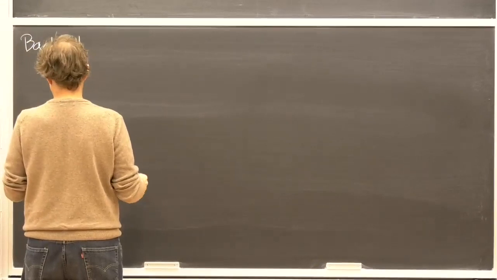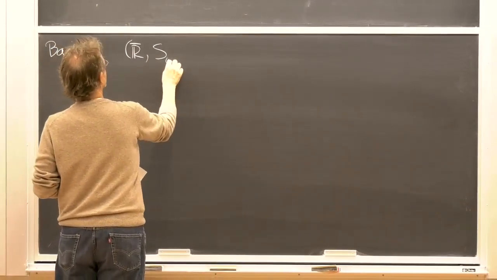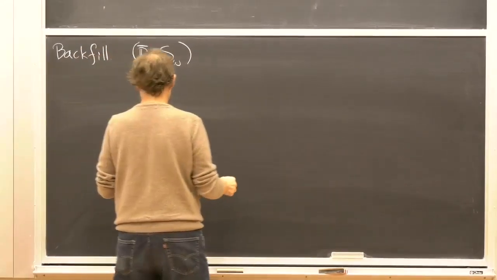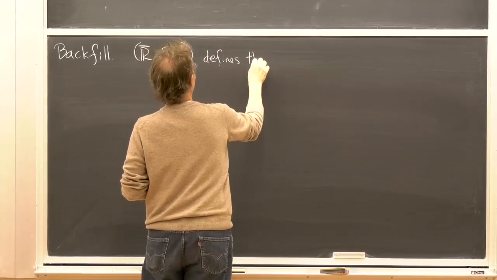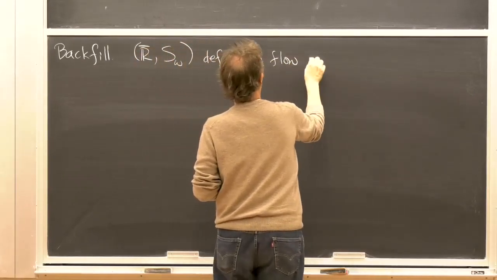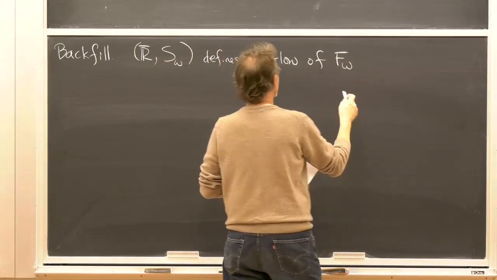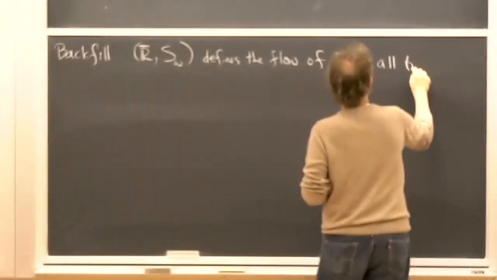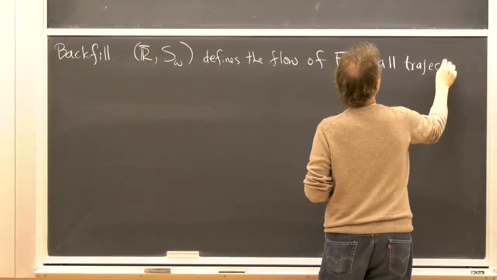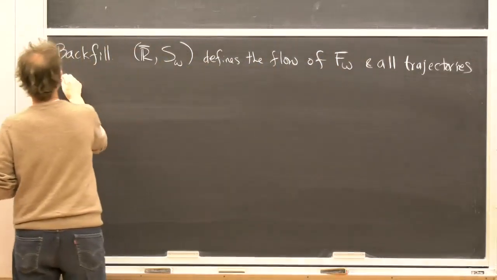It's not hard, but it's useful to know that if we just take the field of reals and one of these log spirals, this actually defines the whole flow of the vector field from whence it came, which we were calling F omega. And of course, all trajectories are obtained as a definable family.